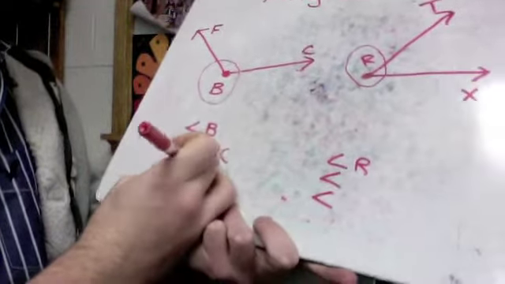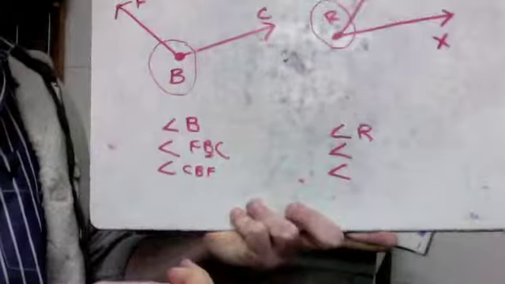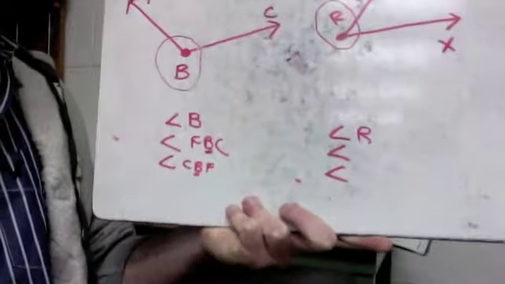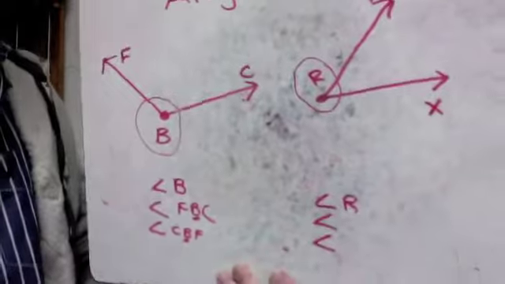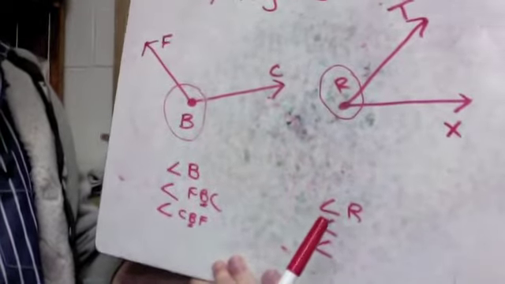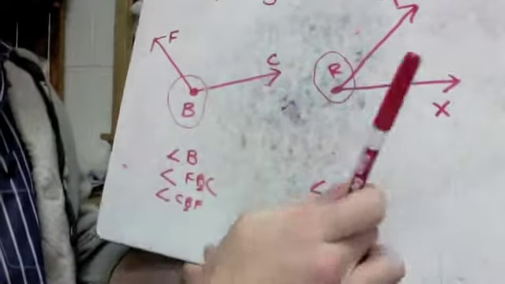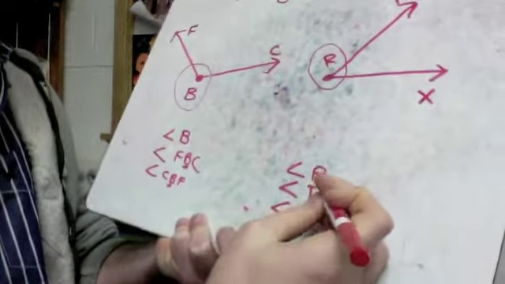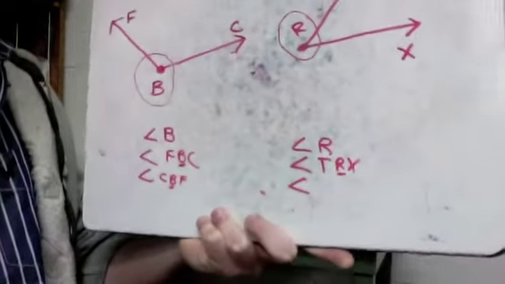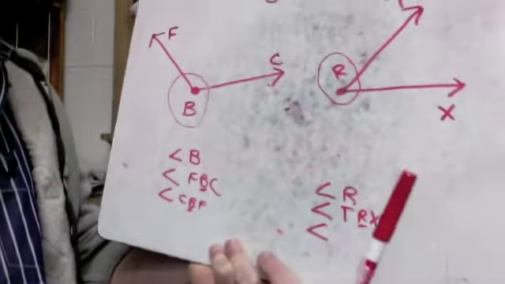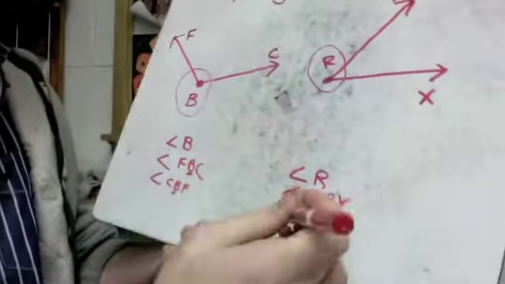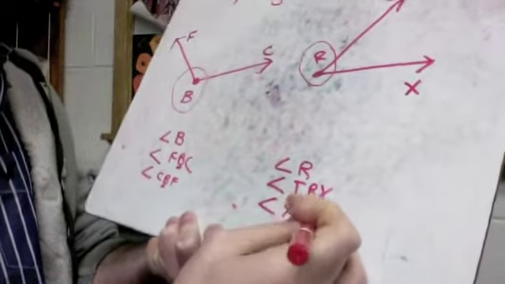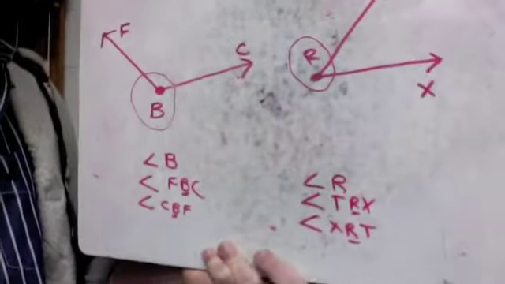I could write CBF, but notice that the vertex is always in the middle. For this one right here, we could do angle TRX, vertex in the middle. We could do angle XRT, again, vertex in the middle.